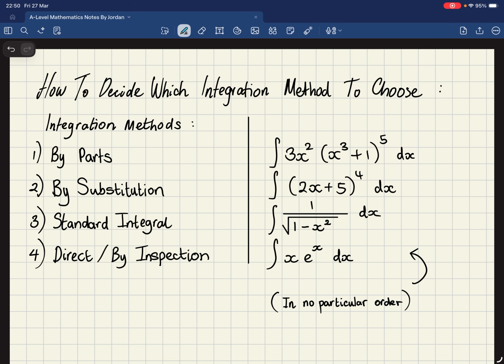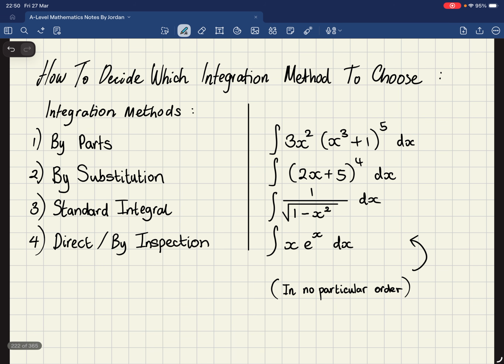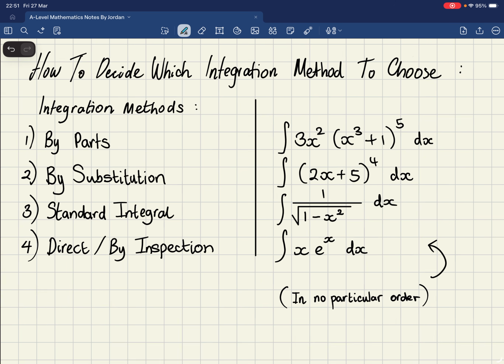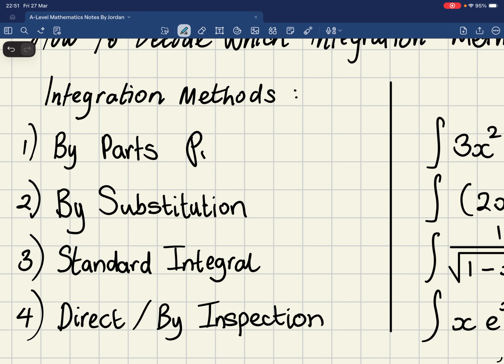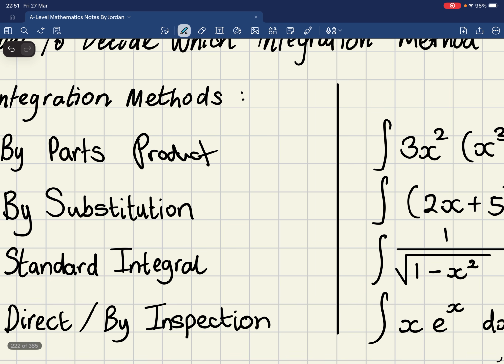Okay, so let's have a go at working these out. So let's do these in order, why not? So we've got by parts first. So we're looking for a product with by parts. And not just that, there's another thing.